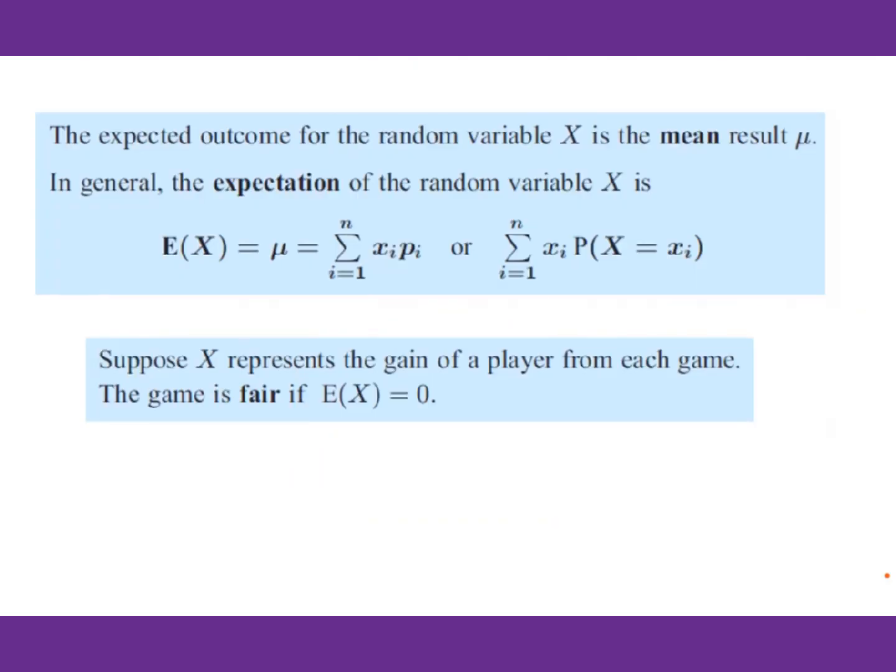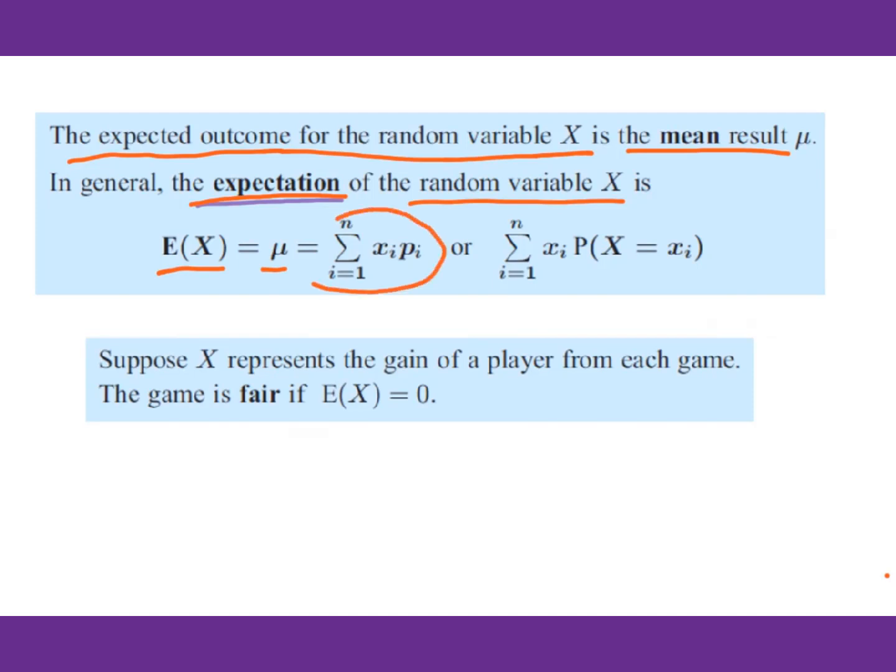Let's talk about another very important concept we call expectation. The expected outcome for the random variable x is the mean result mu. In general, the expectation of the random variable x is E of x equals mu equals this.